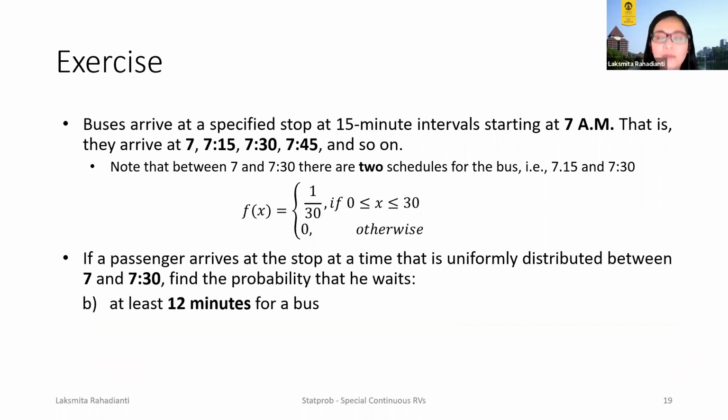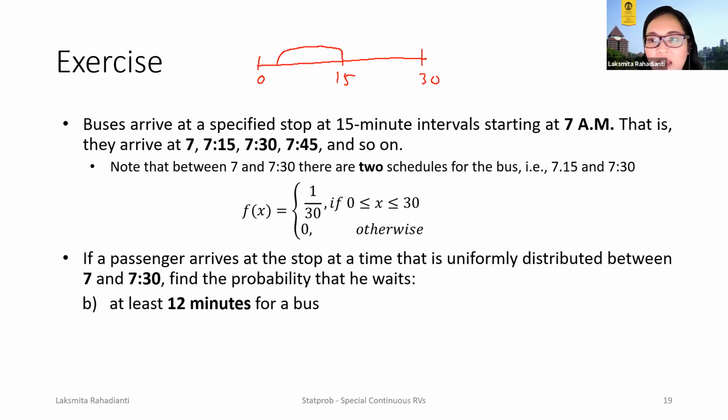So following the same logic, now I want to compute the probability that this guy has to wait at least 12 minutes. When I say at least, not less than, that means he waits at least that long, right?